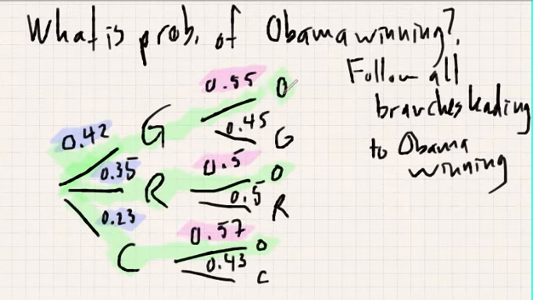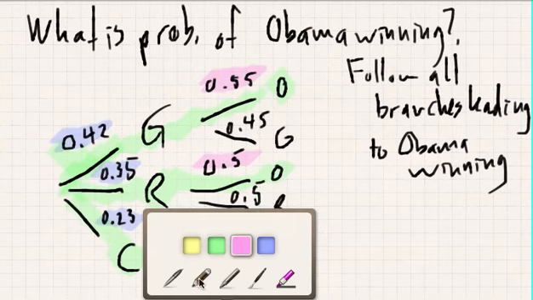0.55 is the probability that Obama wins given that Gingrich is the nominee. 0.5 is the probability that Obama wins given that Romney is the nominee. 0.57 is the probability that Obama wins given that Cain is the nominee.